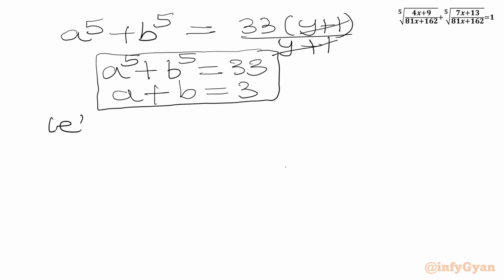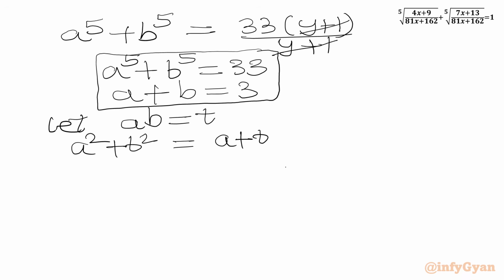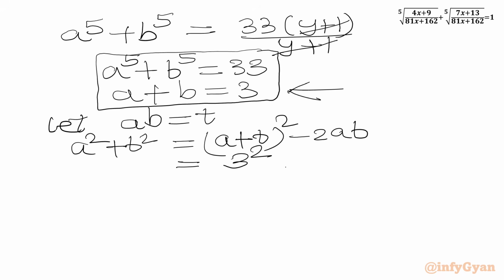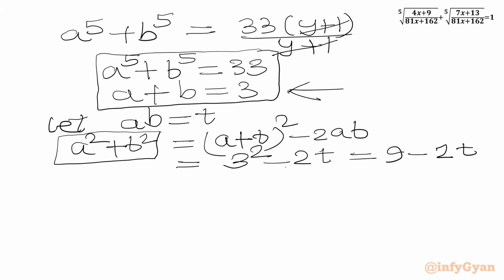So I will solve this system of equations by considering ab equal to t. Now I can find a square plus b square using algebraic formula a plus b whole square minus 2ab. So I can write here a plus b is 3, so 3 square minus 2 times t, which will be equal to 9 minus 2t. So a square plus b square is 9 minus 2t.